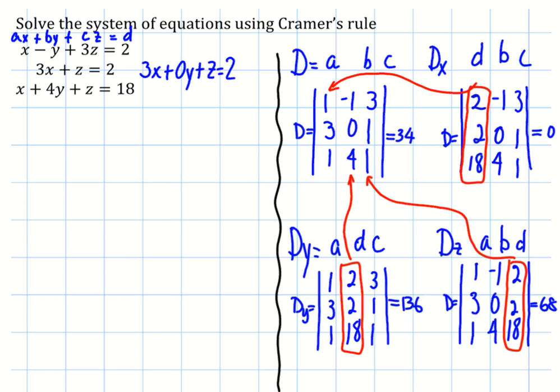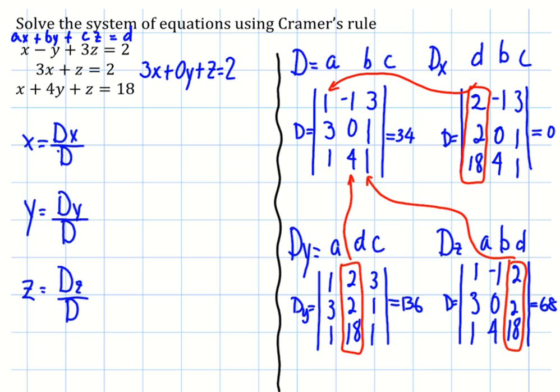So now we have dx over d, dy over d, and dz over d. So x is equal, y is equal to this one, and z is equal to that one.